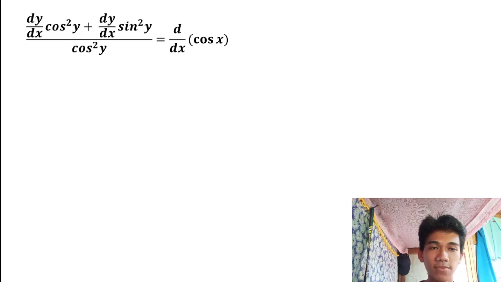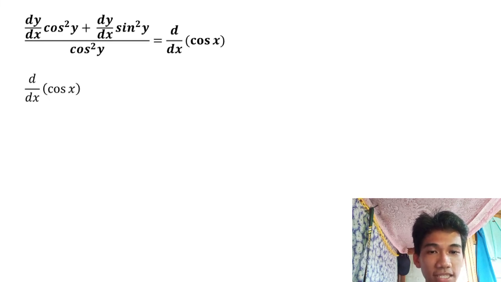After finding the derivative of sine of y over cosine of y, which is the dy over dx cosine squared y plus dy over dx sine squared of y all over cosine squared of y, we're gonna also find the derivative of cosine of x. So the d over dx of cosine of x.